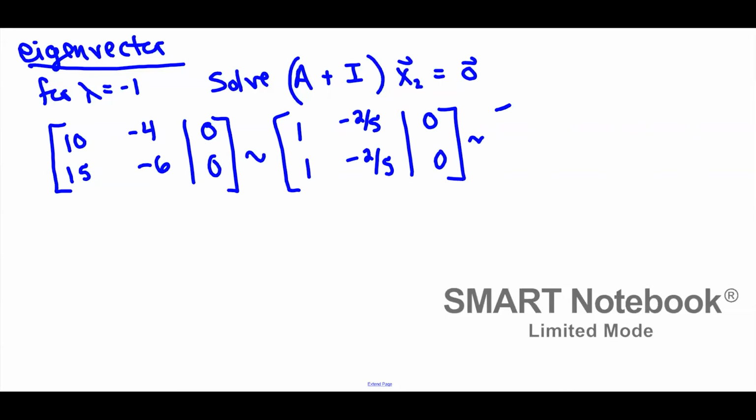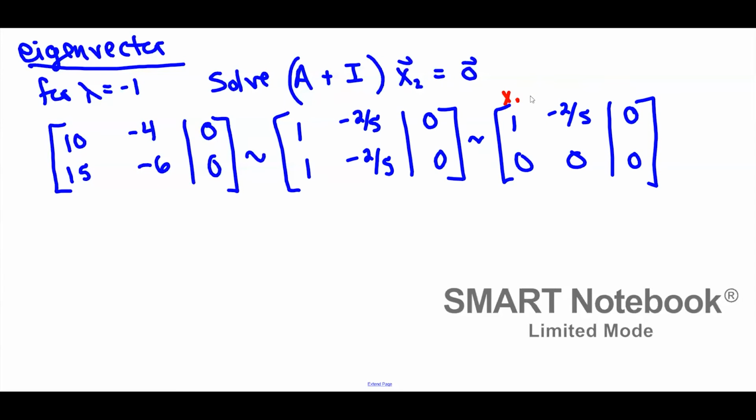And again here, if we subtract the 2 rows, I get this system. All right, so again, we have these coefficients here. This one has a leading 1, this one does not, so this one's free.